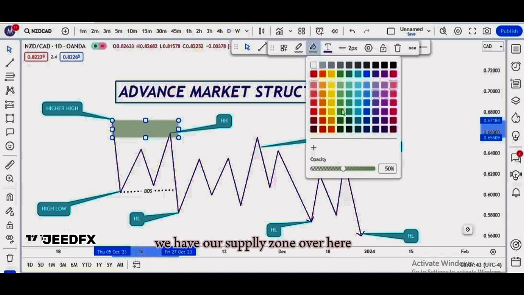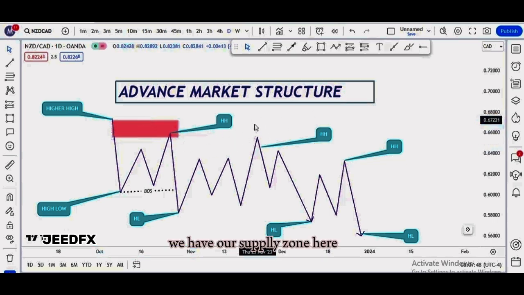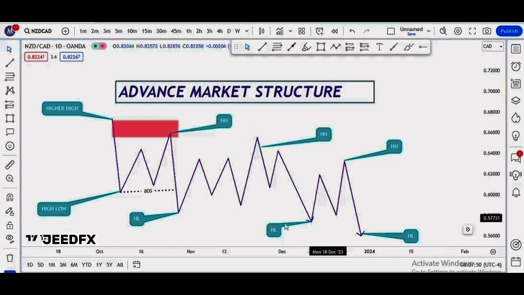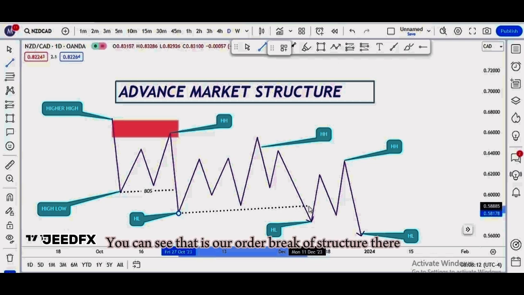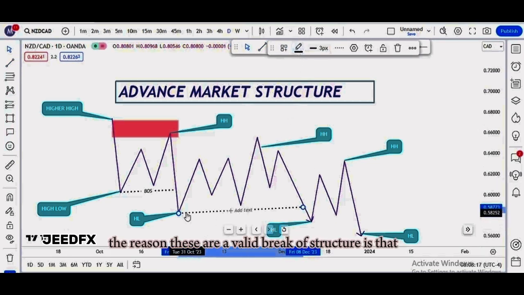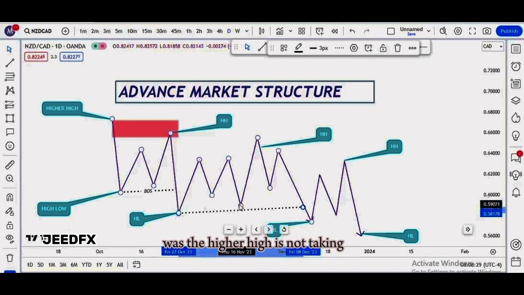We have our supply zone here. Price breaks the low here again. You can see that is our other break of structure. The reason this is our valid break of structure is that the higher time frame, which is the 4-hour time frame, has not taken this low here.